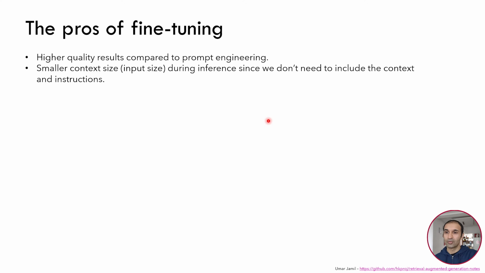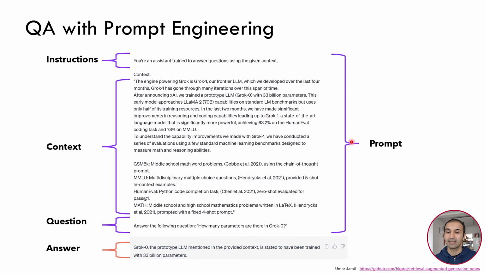And also, as you saw before, to ask a question to ChatGPT, we had to build a very big prompt. So it means that the number of tokens that we are giving to the model is quite big. The bigger the context that we need to provide to answer a particular question, the more context we give, and we know that the more context we give, the more information the language model will have to come up with the right answer.